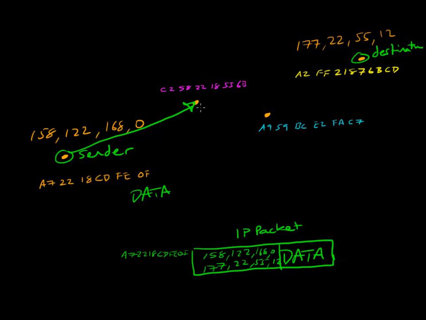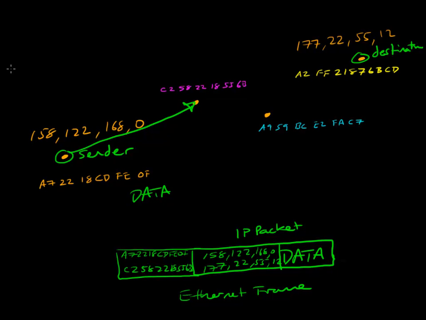And the receiving computer is this one here, which is C25822185556B. And that there, which is the whole thing, is an Ethernet frame or an Ethernet packet. And so it's now able to send all of this from this computer to this computer.